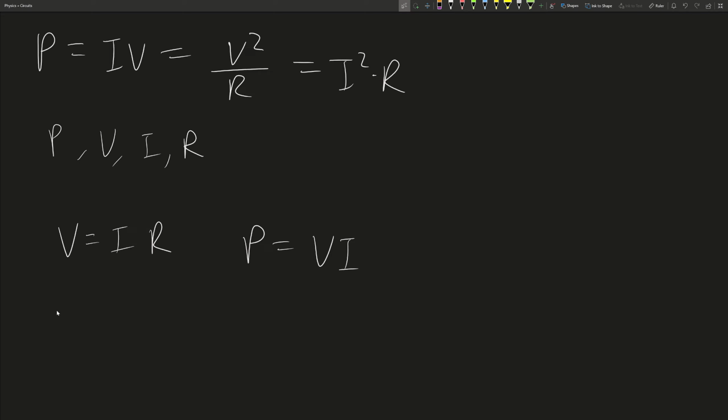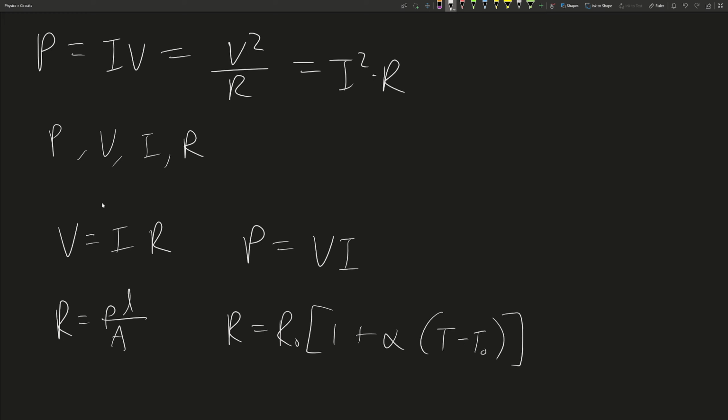Then resistance is equal to resistivity times length divided by cross-sectional area. And you also have resistance is equal to a reference resistance times 1 plus the resistance temperature coefficient times the temperature minus the reference temperature.